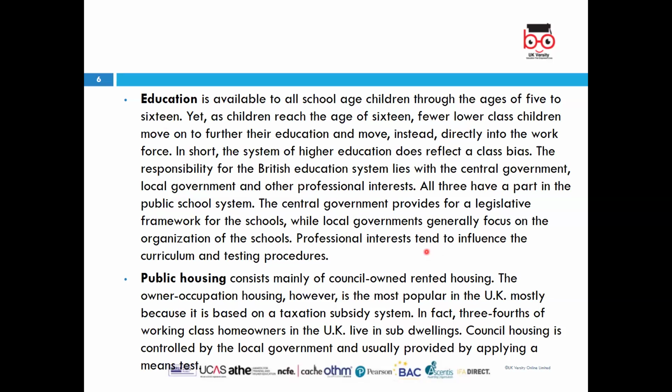The central government provides for a legislative framework, so there's a legislation, a law for the schools, while the local governments generally focus on organization of schools. Professional interests tend to influence the curriculum and testing procedures also. So you might have the Ofsted, you might have other testing systems that influence curriculum and different testing procedures as well.